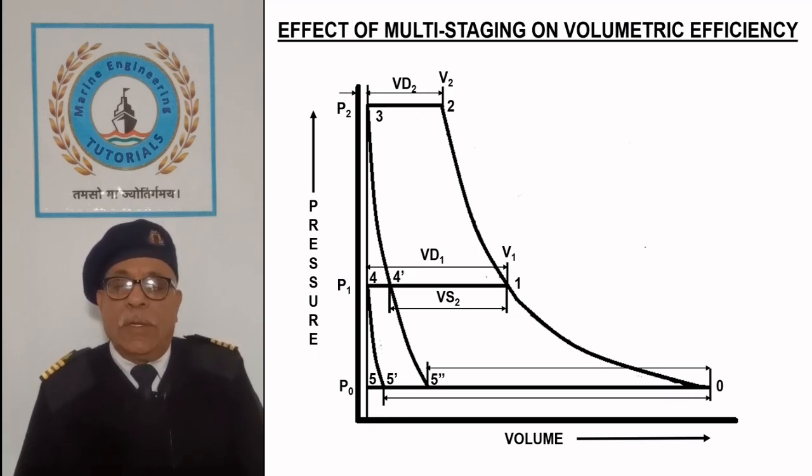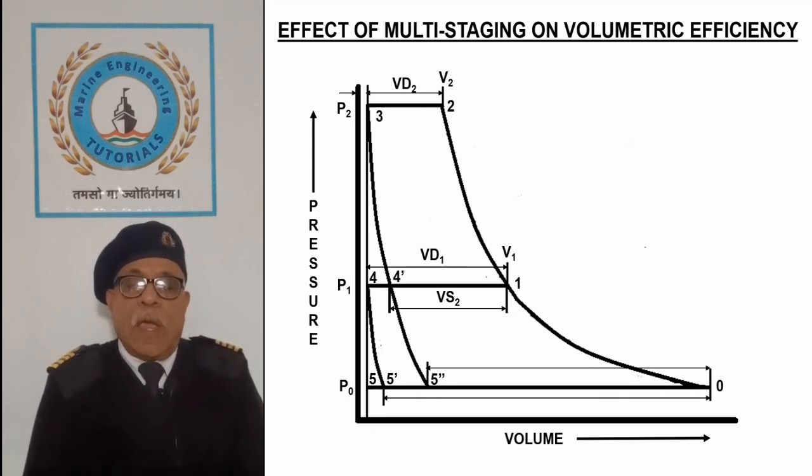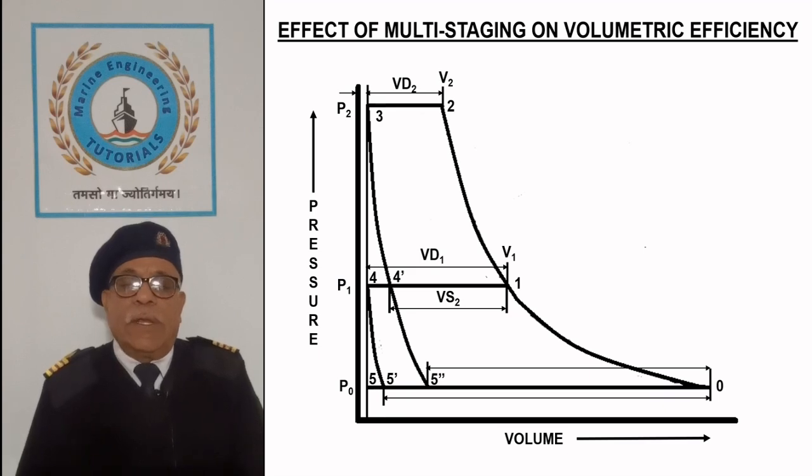Volumetric efficiency of an air compressor is defined as the ratio of volume of air discharged as free air to the swept volume of low pressure piston. Free air delivery is the quantity of air at atmospheric pressure and temperature of 15 degree centigrade.